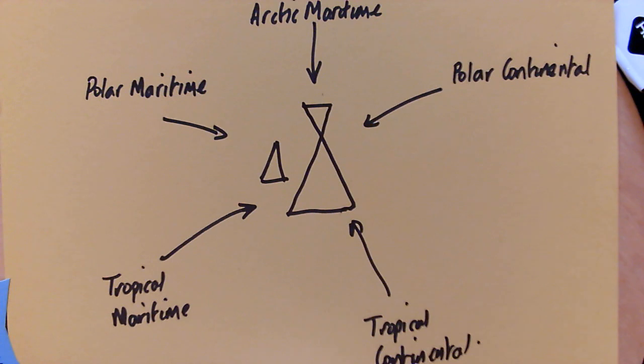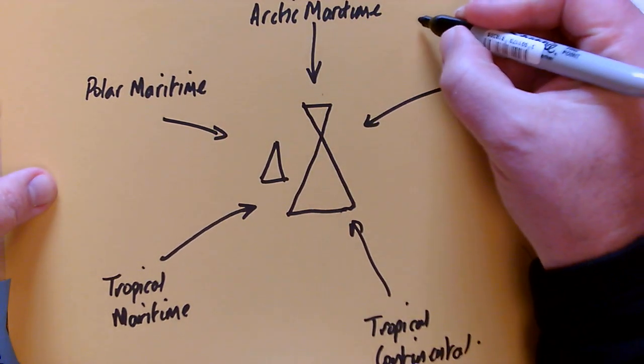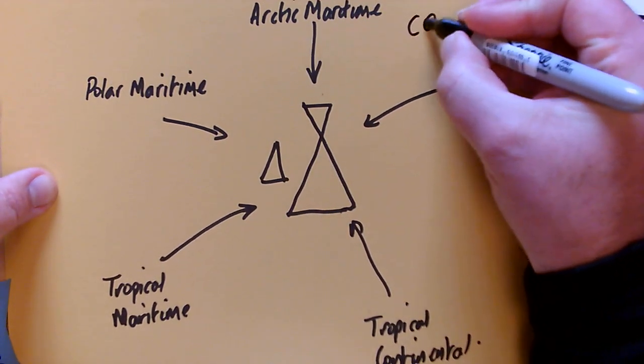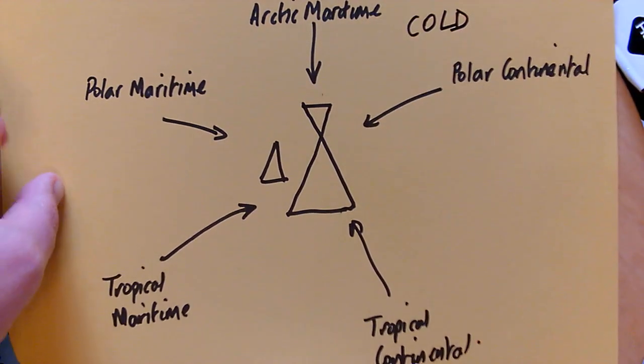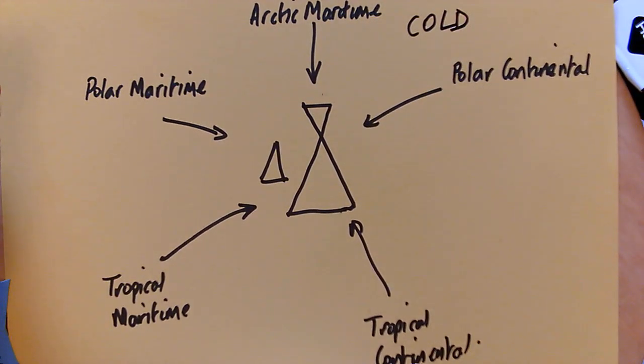So starting off with Arctic Maritime, as you might expect, the source region here is the Arctic Ocean. Its direction of approach is from the north. Now, obviously, because it's coming in from the north, we can classify it most definitely as being cold. So it's going to bring with it cold weather.